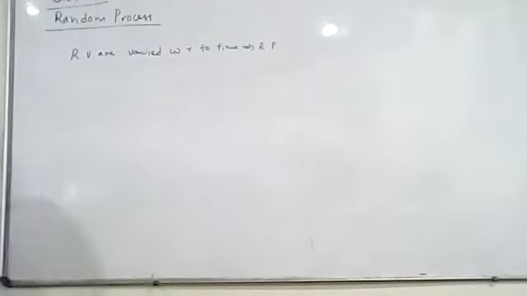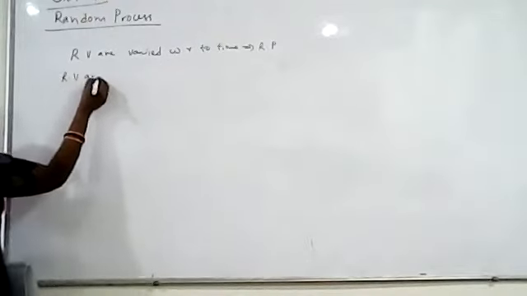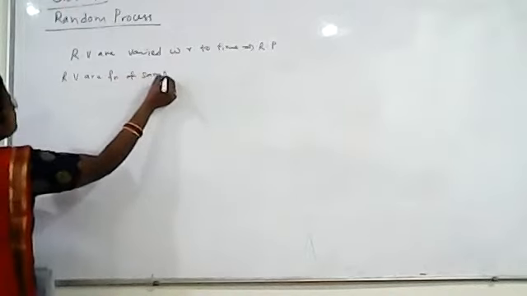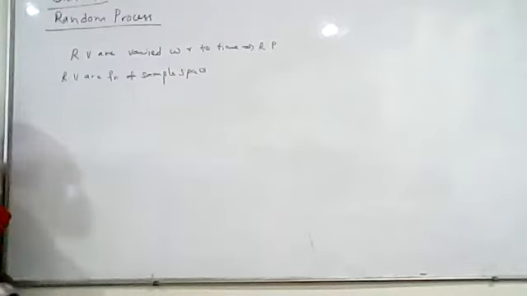We know that random variables are functions of the sample space. Random variables are nothing but the outcomes of the experiment. What is sample space? Sample space will have all possible outcomes. So the random variables are functions of sample space.